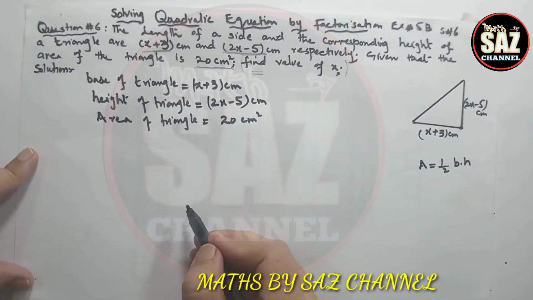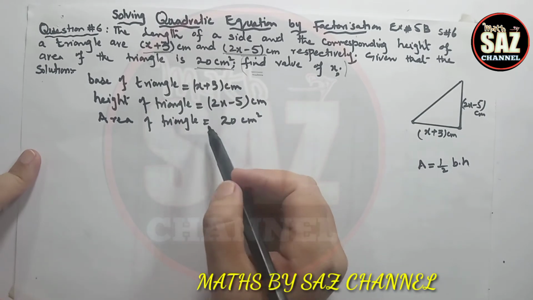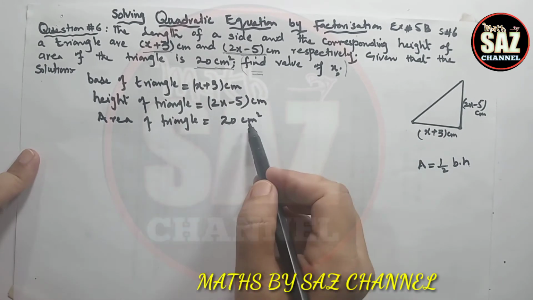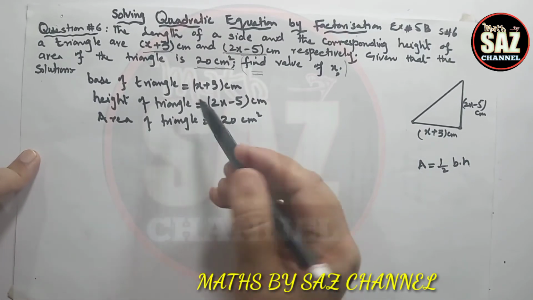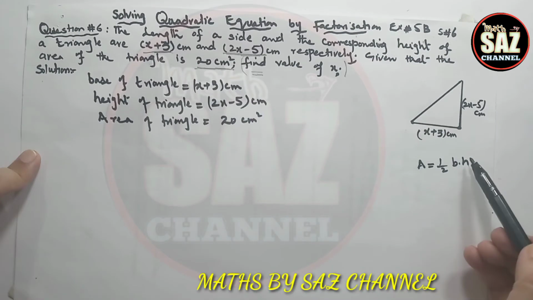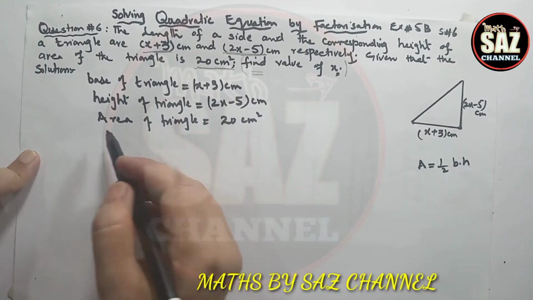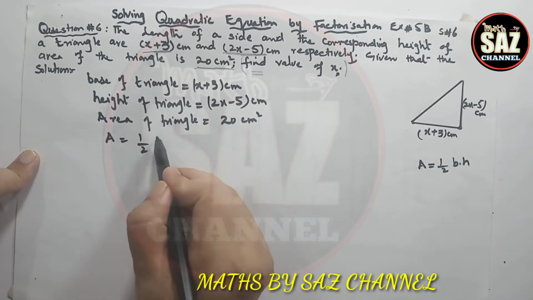These are the supportive statements. These informations will be helpful in the solution of question, and they will give us the direction that what formula we are going to use, as the information is given about the length and height of triangle and area of triangle. So think about the formula for the area of triangle, that area equals to half base into height.